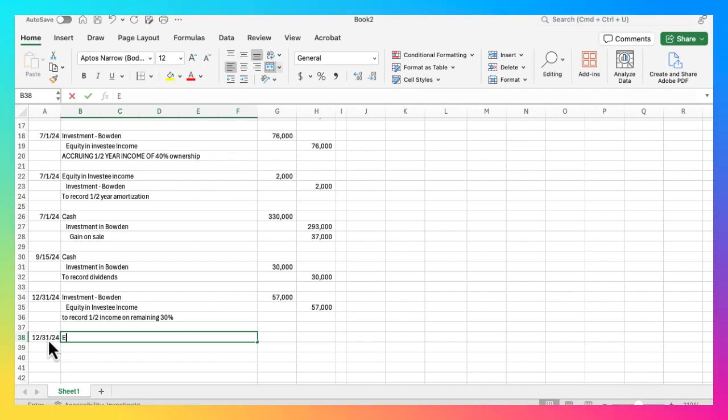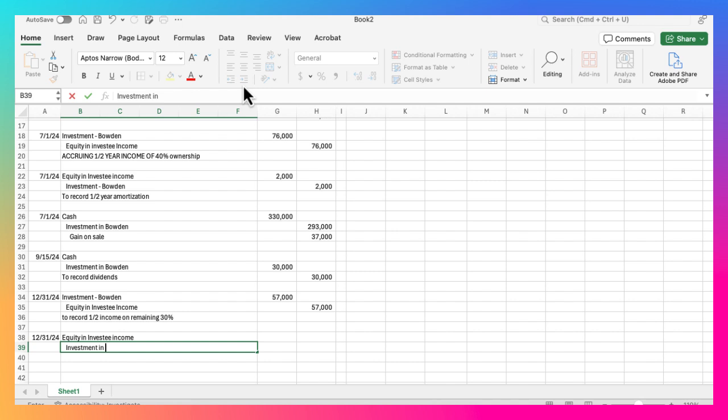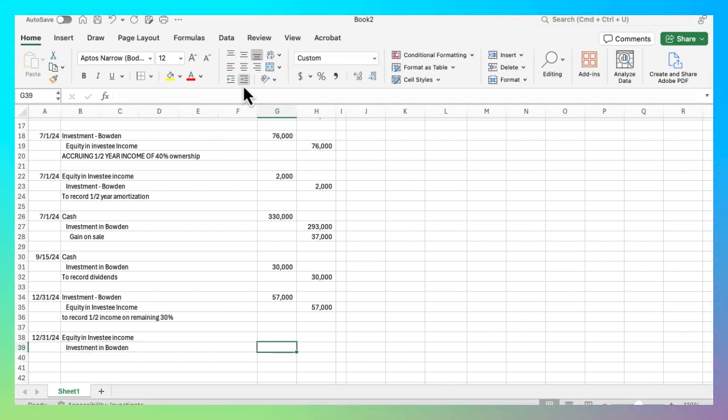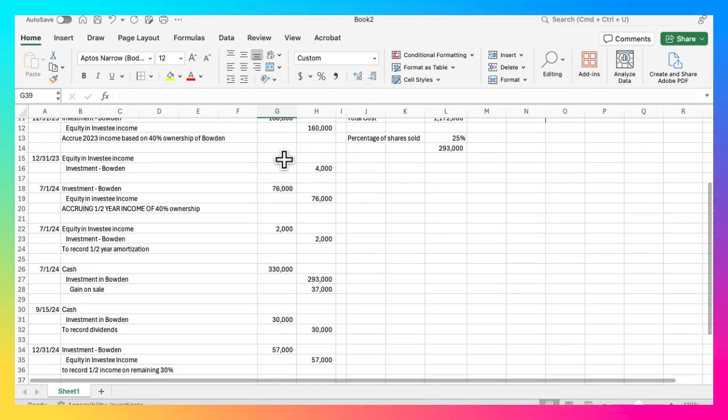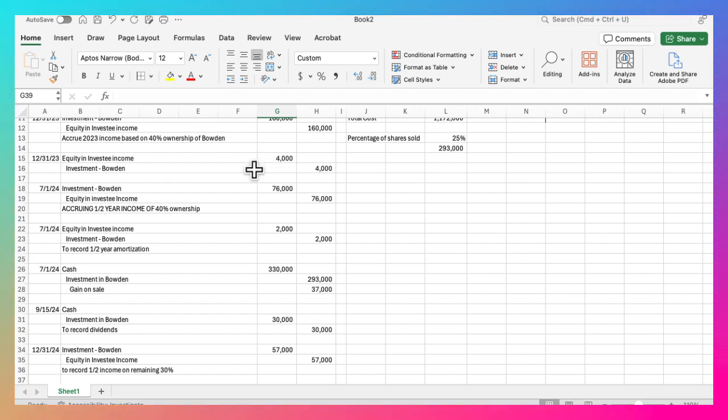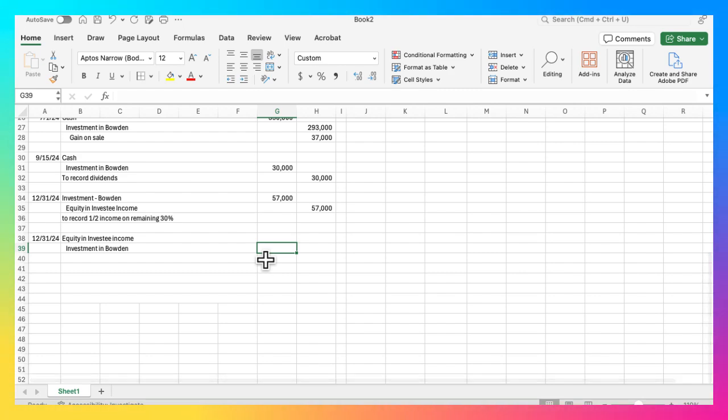So we're going to debit equity in investee income, and we're going to credit investment in Bowden. Now we need to figure out the dollar amount, right? Well, think about it. The amortization expense, we're only entitled to a half a year, okay? We already had $4,000, right? That's the total amount that we should actually get, but we are only entitled to half of it.